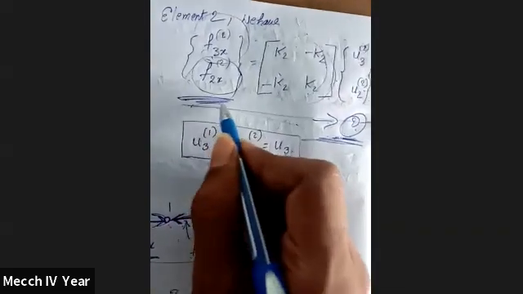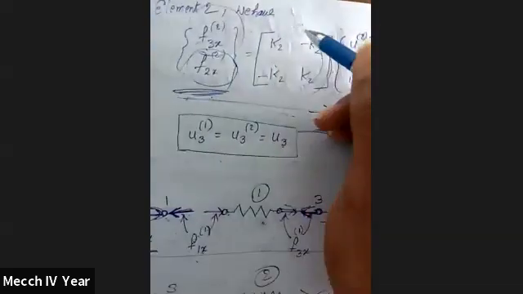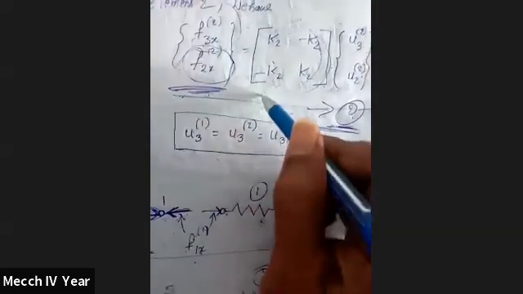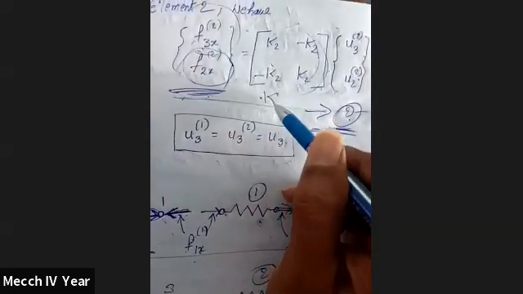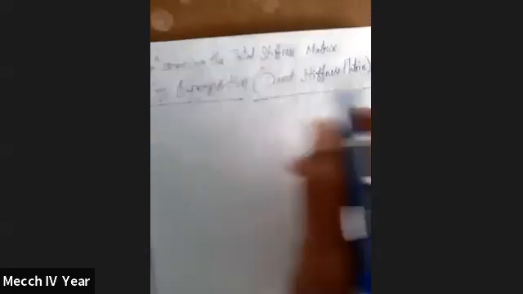With these two elements I am going to consider only the k value. This is the element 2 k value, and this is the element 1 k value. So I am going to take these two k values for finding the total stiffness matrix.